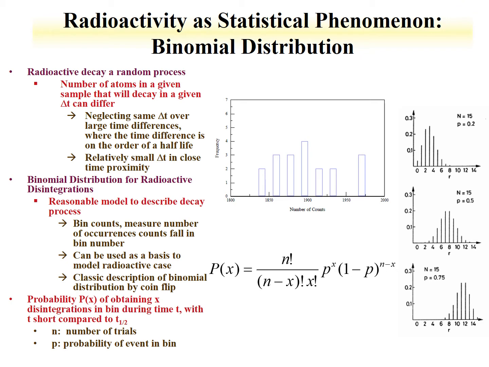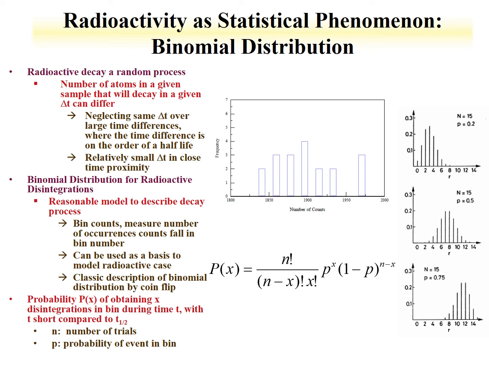If I have something that has a half-life of a second and I count it for 100 seconds, every atom in that sample is likely to have decayed because my count time is so much longer than my half-life. Most of the time, that's not true. You may have a half-life on the order of days, and you may only count it for minutes, maybe an hour. So the amount of time that you count something is much shorter.